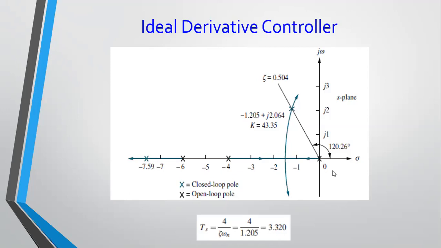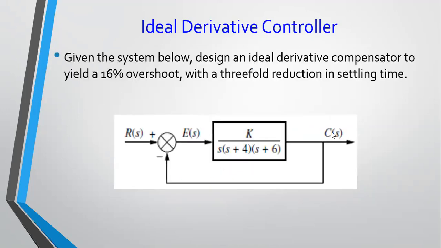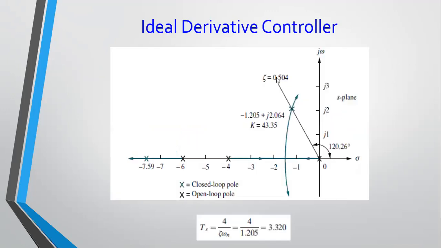We are also given this 16% overshoot. So you can use the equation e to the power of minus ζπ over the square root of 1 minus ζ squared, times 100%, which should be 16%. You solve for your damping ratio and get a value of 0.504. From there, you can work out the angle. Normally we measure the angle from the positive axis to that line, and when you calculate cos inverse of this value, you get this angle.